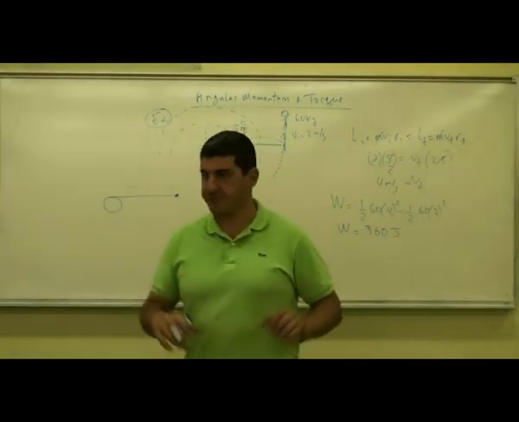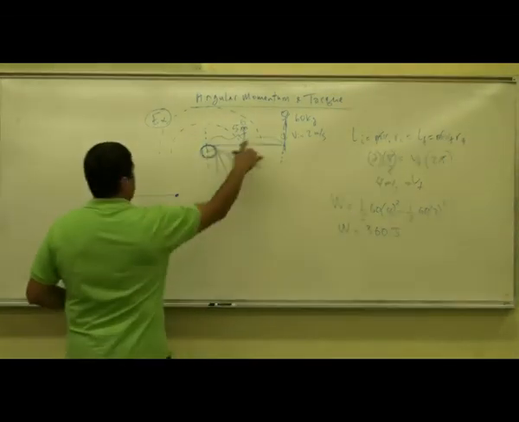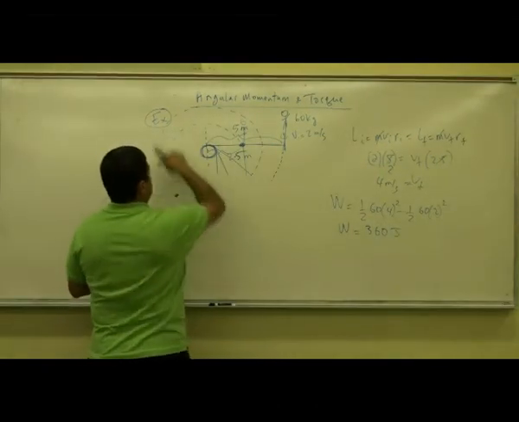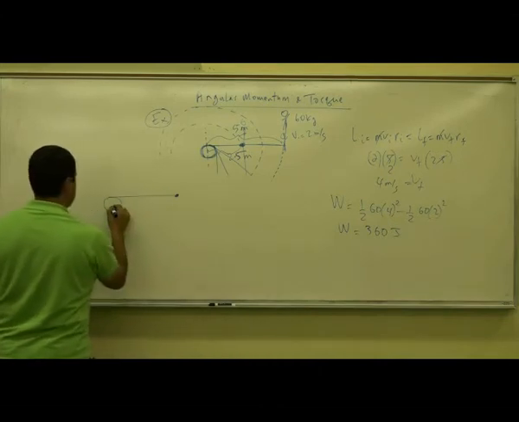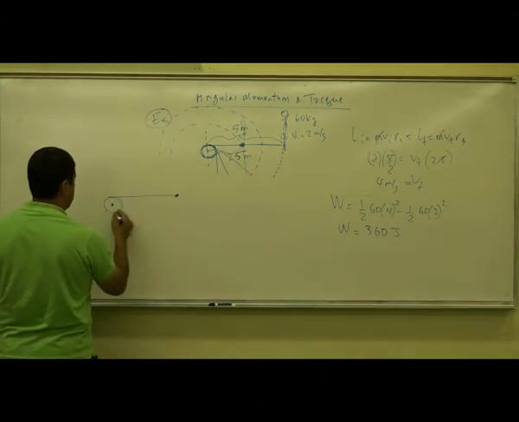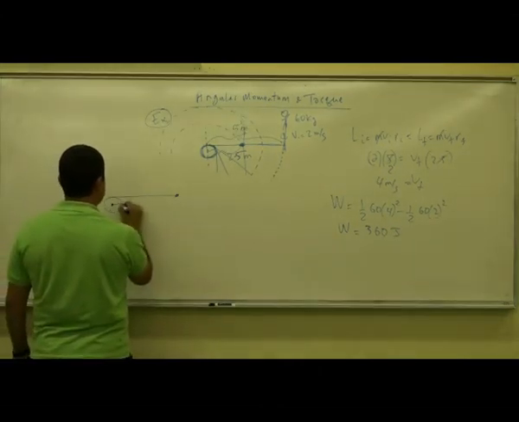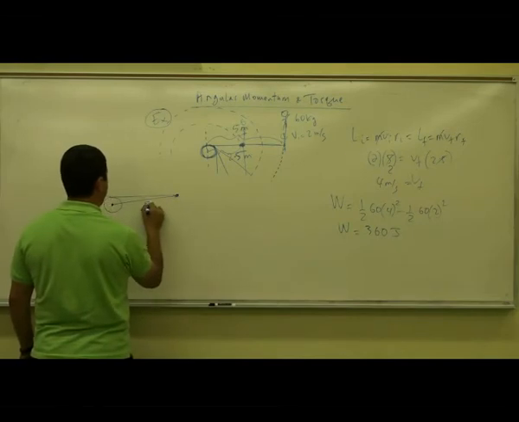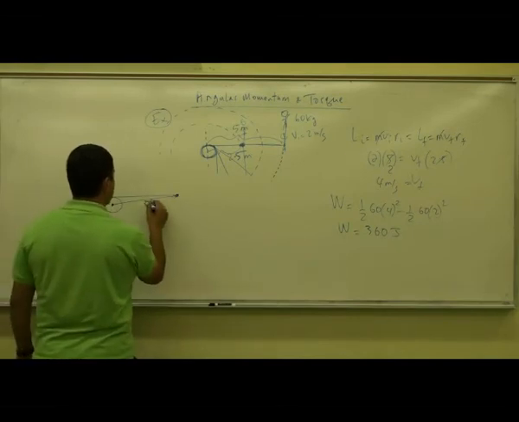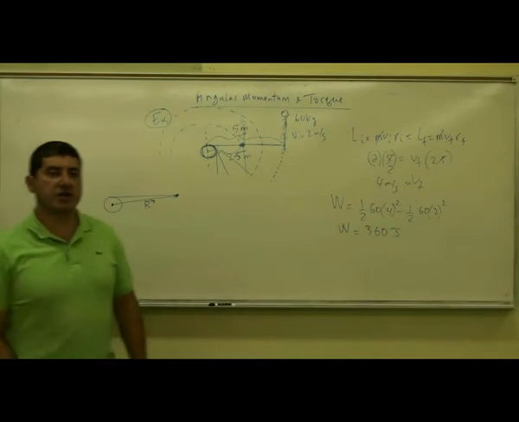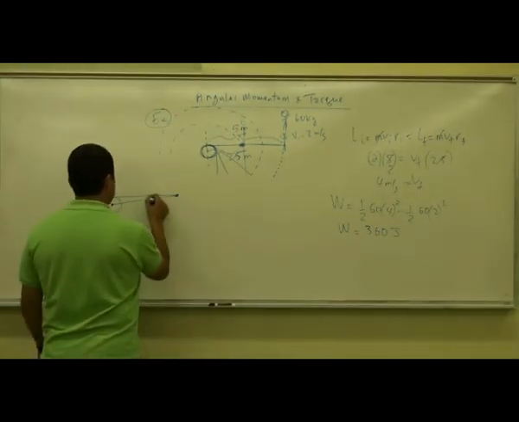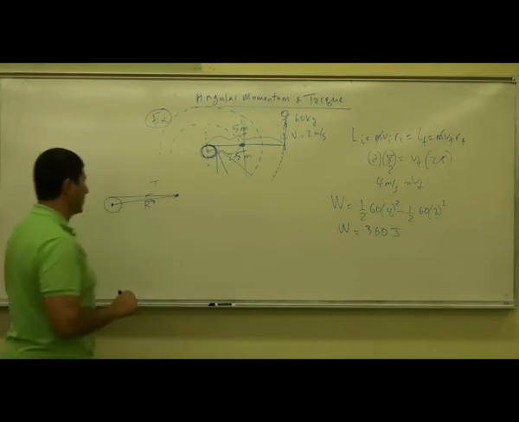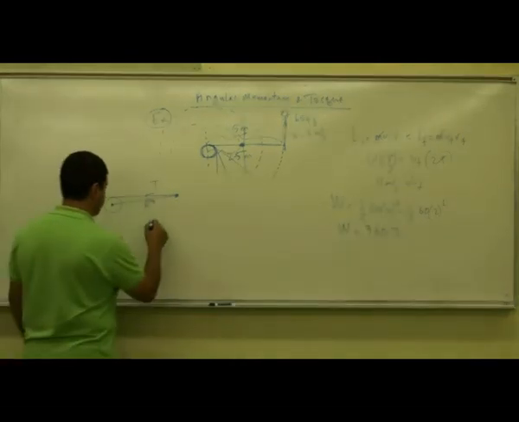You're going in a circle around the center of the pole, right? So here's the center of the pole. So your R is like this. Okay? Which direction is the force on you? Which direction is the tension? This one, right? What's the torque on the person?